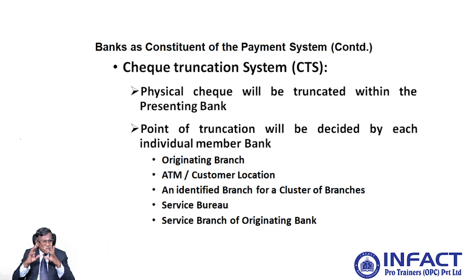Each large bank has service branches in big cities like Chennai, Trichy, Coimbatore, Bombay, Delhi, Calcutta, etc. For example, State Bank of India has around 300 plus branches in Chennai. All the branches send the checks to the service branch, which is situated in the heart of the city. So all these checks get accumulated at the service branch.